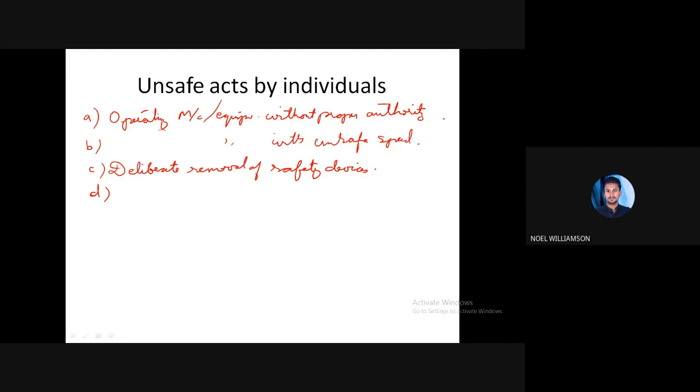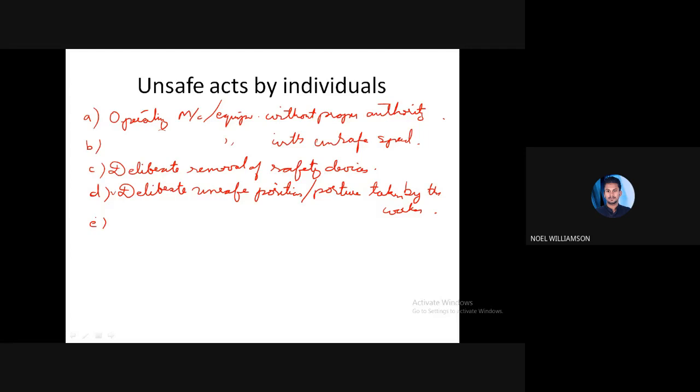So that is the fourth point: deliberate unsafe position or posture taken by the person or the worker.